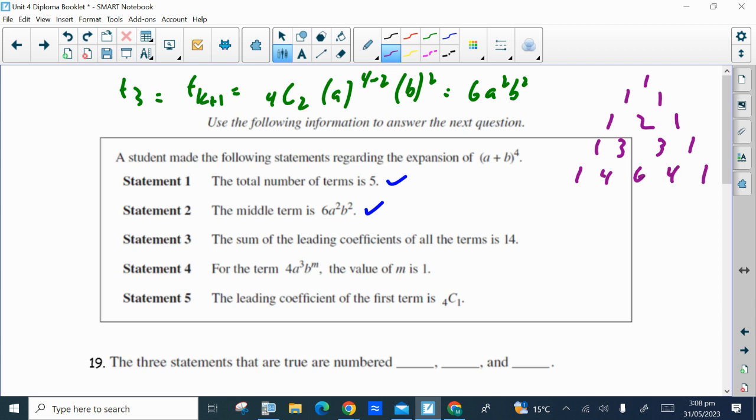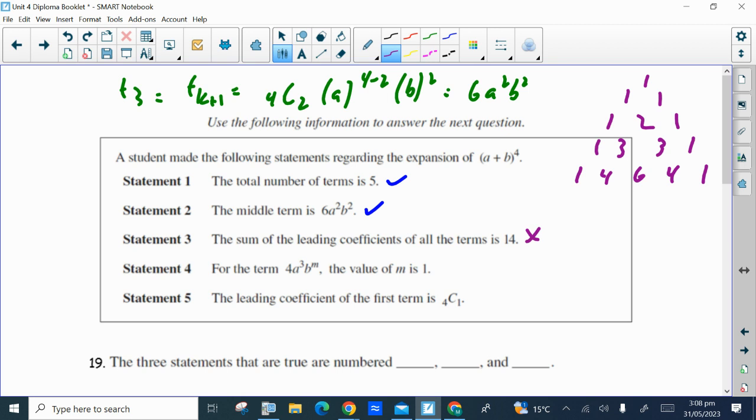The second number is 4, which matches n, the power on the (a plus b). As well, there are 5 terms. If we add these together, we're going to get 5, 15, 16. The sum of the leading coefficients is not 14, it's 16.